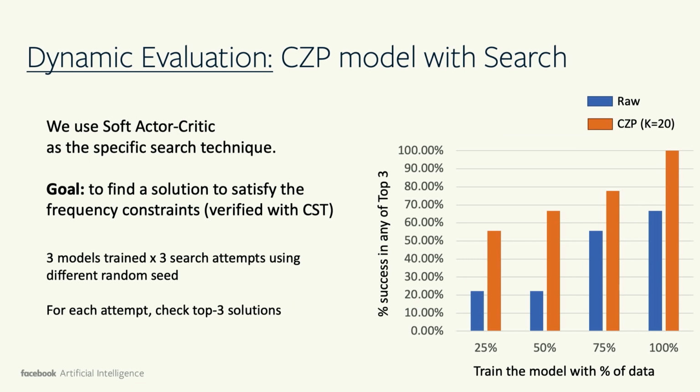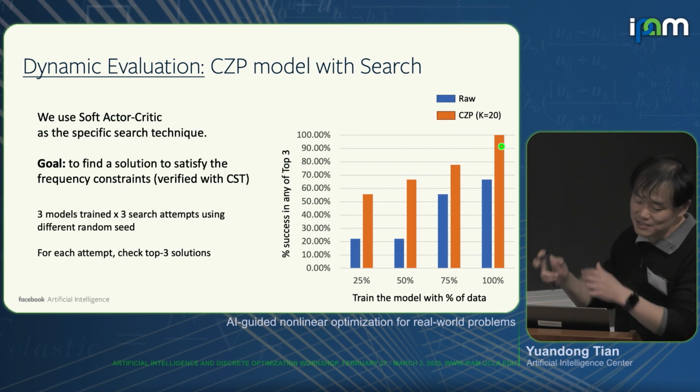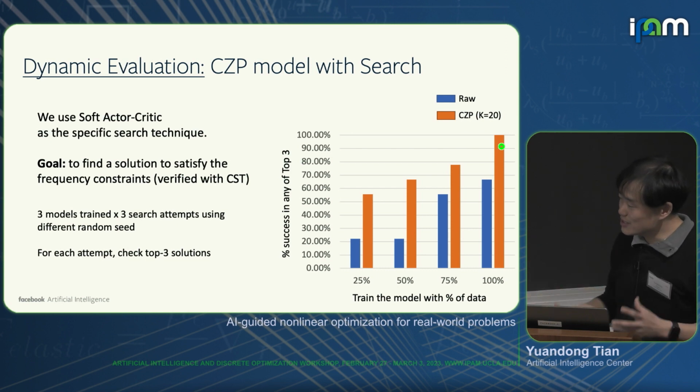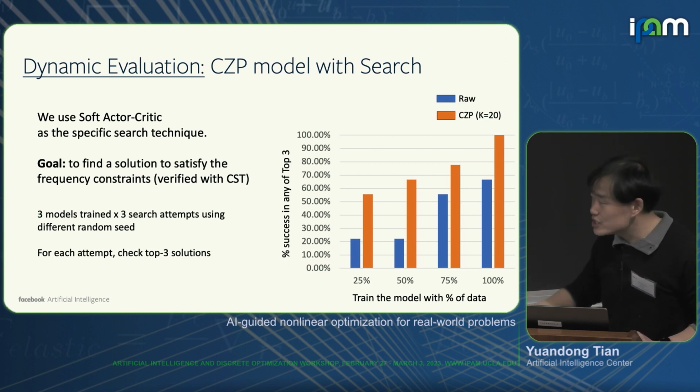We also try these dynamic evaluations. We plug the CDP model into the search and see whether it actually gives you better performance. The answer is yes. If you compare this with the raw models, you'll see that our CDP model has a higher success rate in finding good designs after the search technique.